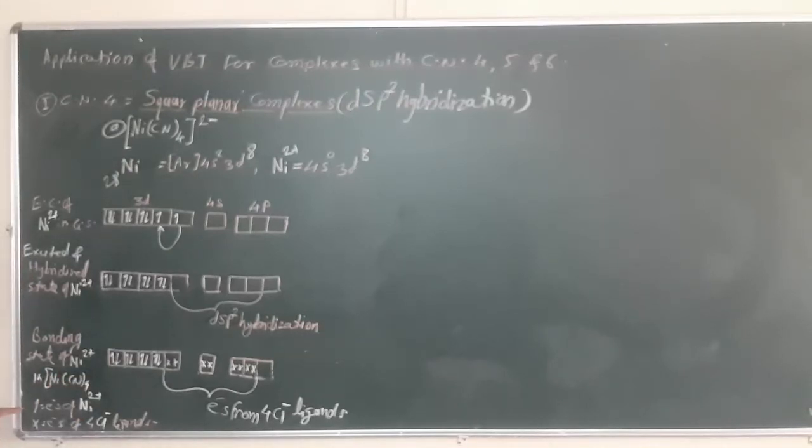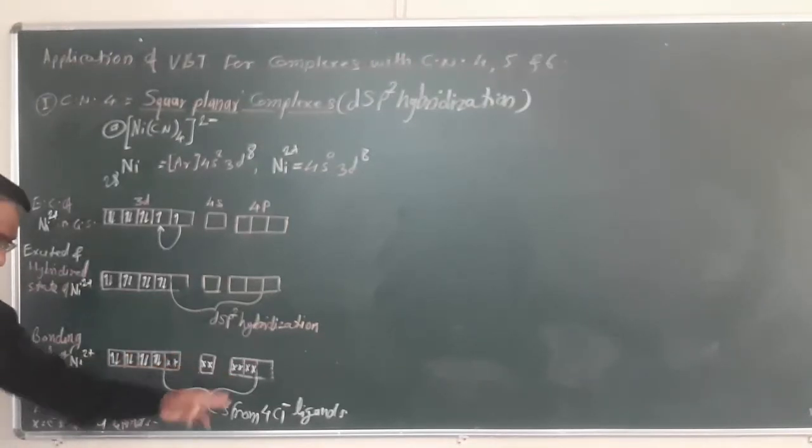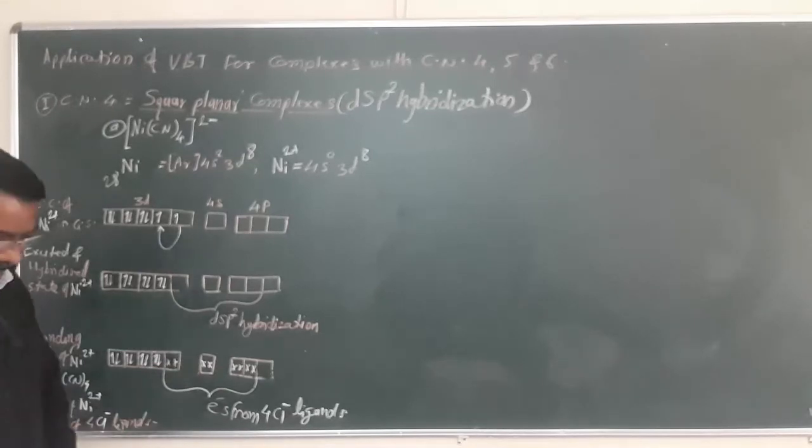The arrow is equal to the electrons of Ni and the cross is equal to the electrons of the ligand. Each ligand can donate a pair of electrons into each orbital, and we have the bonding state.